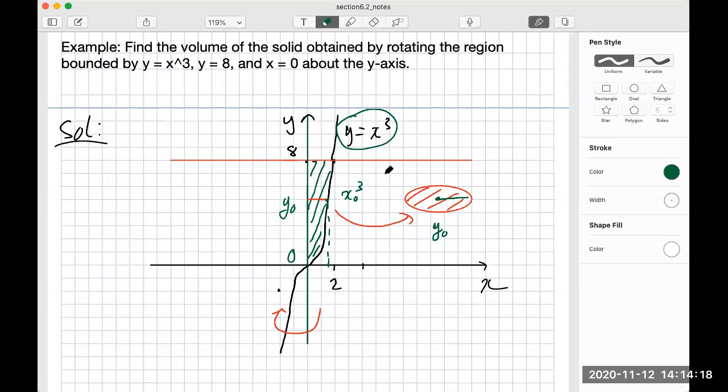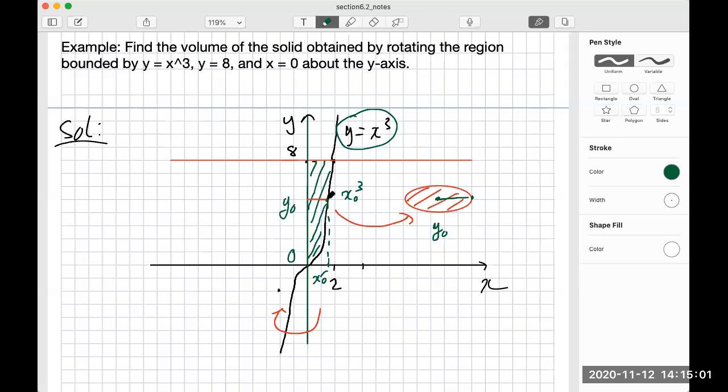Then this position will be y0, right? It's satisfying this equation, the relation of x and y. You see it? You don't have to be rushed. Just think about it and make sure that you see it. Then we'll continue. If not, we'll keep talking about it.